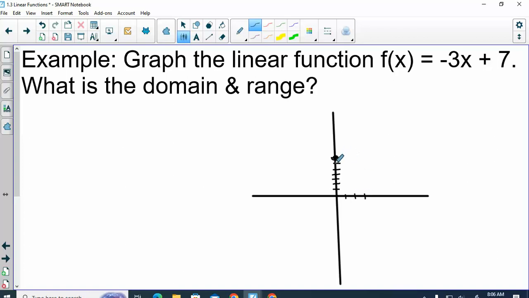So that means from there we go down 3, right 1. Or you could go up 3 and left 1. Two points is really all you need, but you could get more if you just continue to follow your slope pattern. It just keeps going in both directions. Hopefully yours is a little bit straighter than mine.